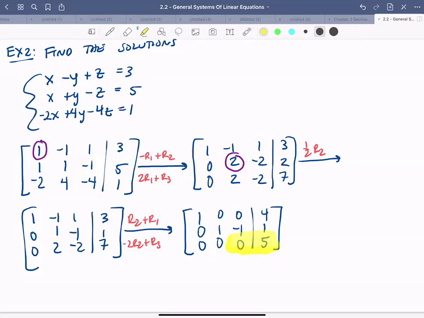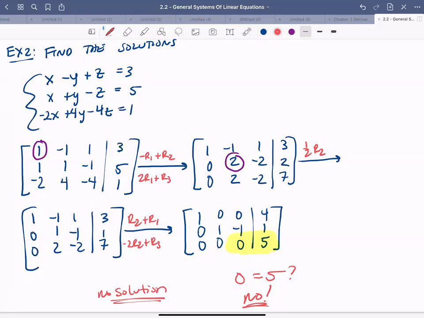Can 0 ever equal 5? I'll answer that easy. No, never. So the answer to this system is no solution, which means that there is not a value for x or y or z where they all intersect.